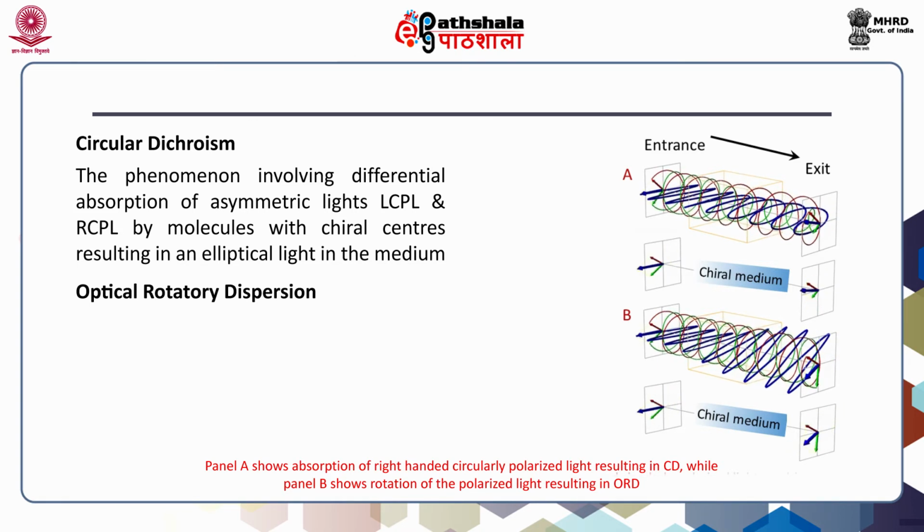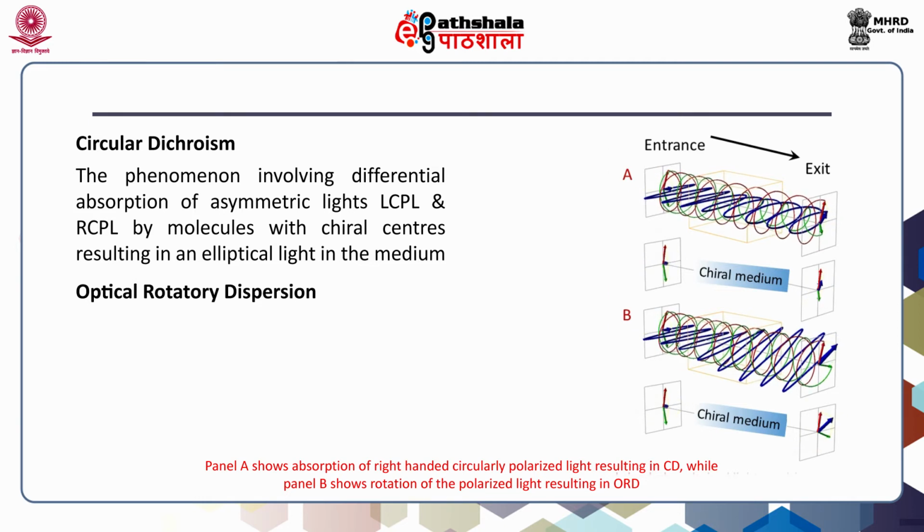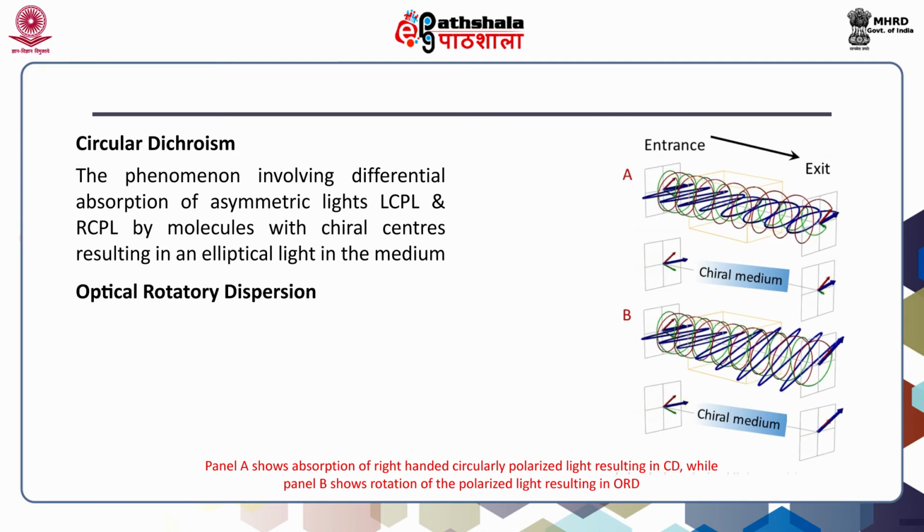If you see it slowly, the resultant vector is slowly rotating downwards, or you can say toward the left. When it has emerged beyond the box wall, there is no change in the left or right circularly polarized light, and hence there is no change in the rotation of the emerging light, which is the resultant of the two.